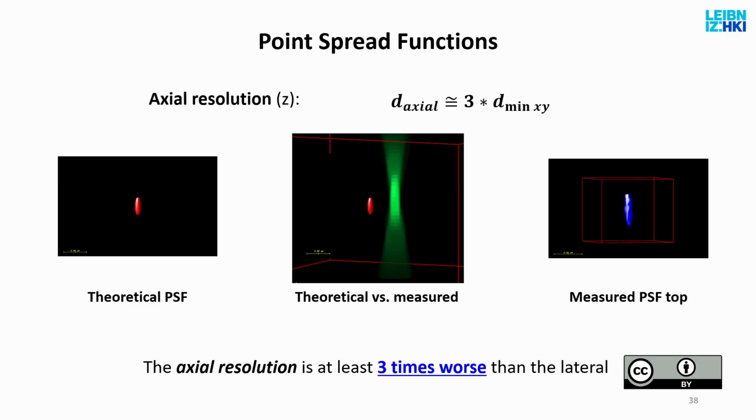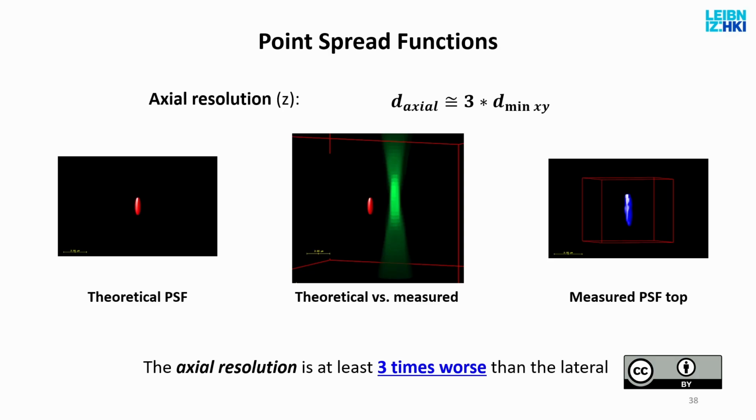So, in practice, what you have to do is measure the constant. You measure it simply by putting a sub-resolution, perfectly spherical object into the microscope and taking an image of it. And the image will look like that. That means that a sub-resolution object will look like that in the microscope.